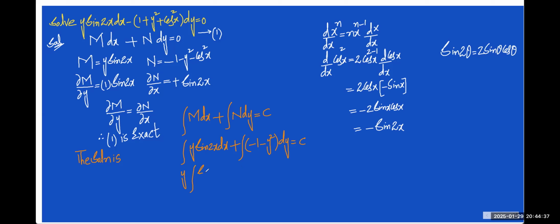Integration of sin 2x dx plus, with minus minus, the integral of 1 dy minus y square dy is equal to a constant. So y as it is.